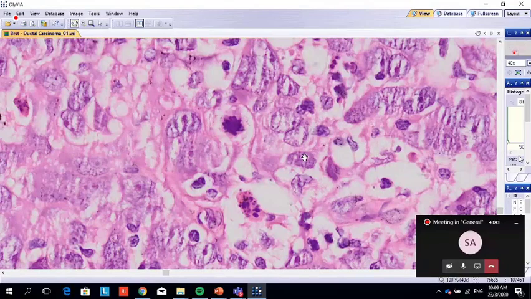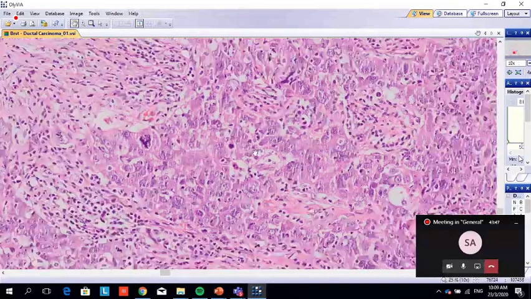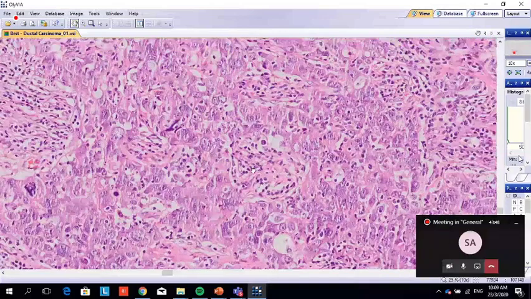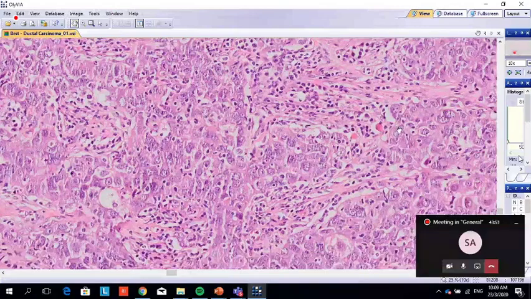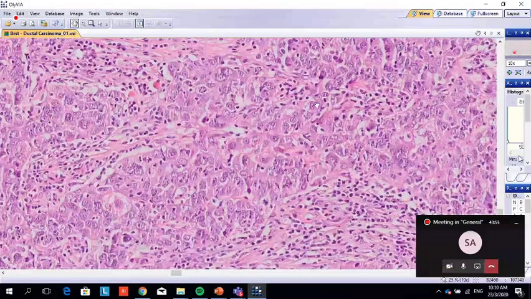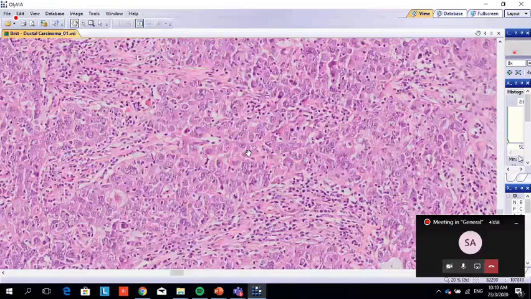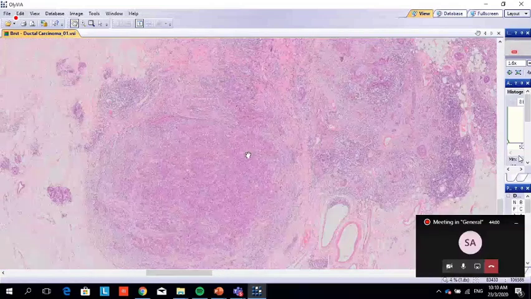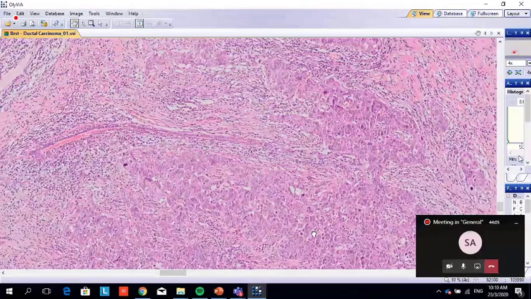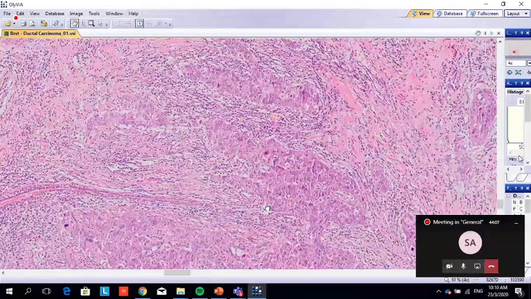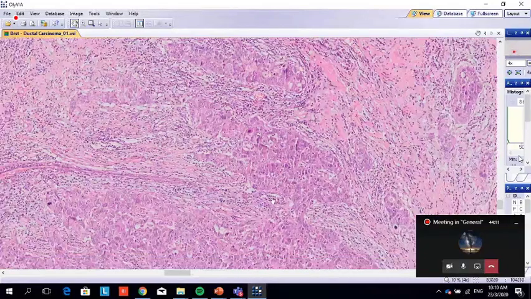How to grade? We said according to what? To the number of glands, the mitotic figures, and nuclear polymorphism. Okay, how many tubules here? Do you see tubules or glands? How many?